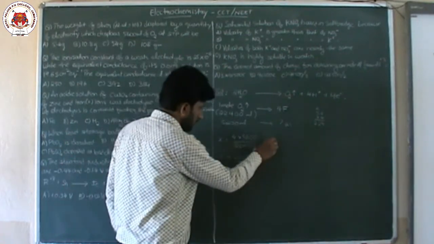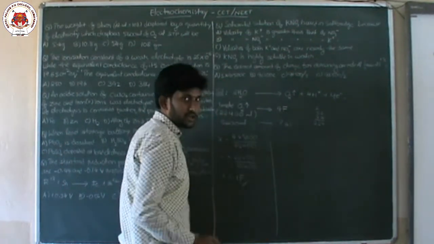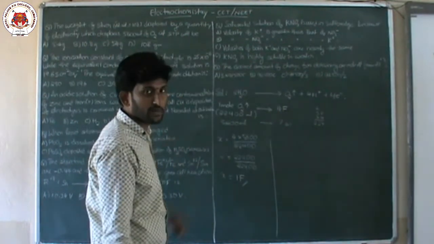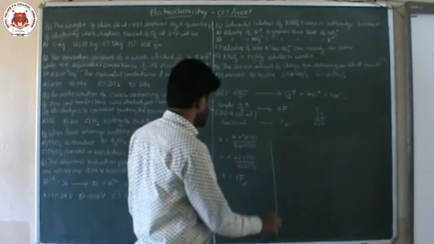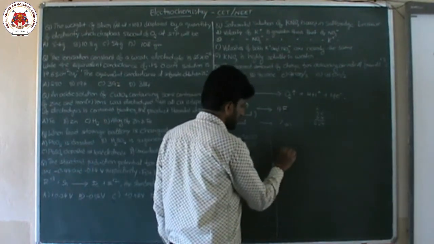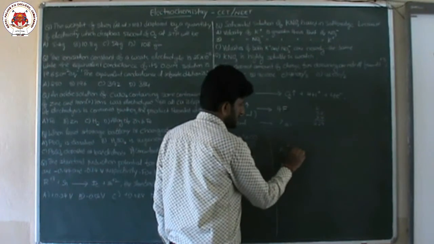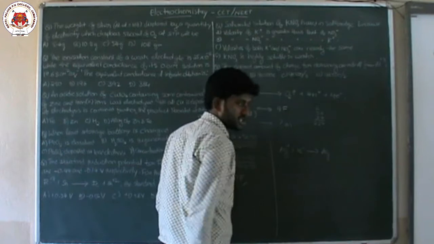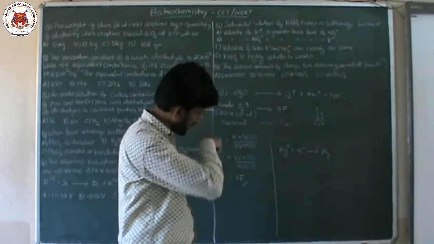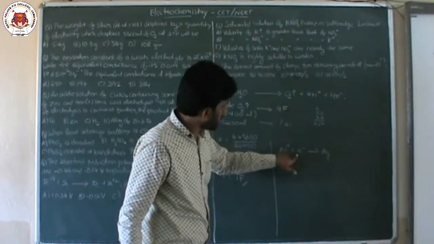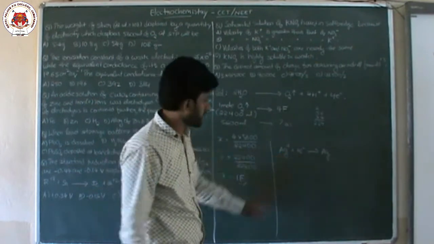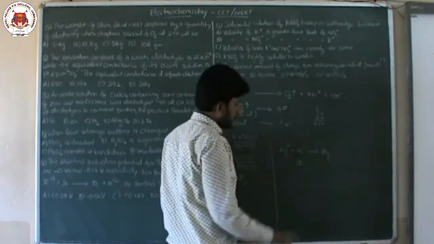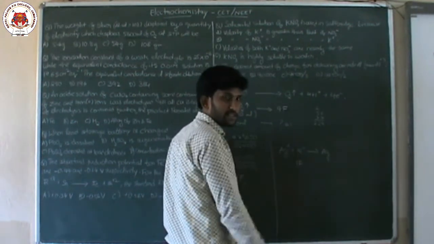Now, how much silver can the same charge liberate? For silver deposition, Ag plus plus 1 electron gives Ag. That means 1 mole of silver can be deposited by 1 mole of electrons, and 1 mole of electrons is nothing but 1 farad.